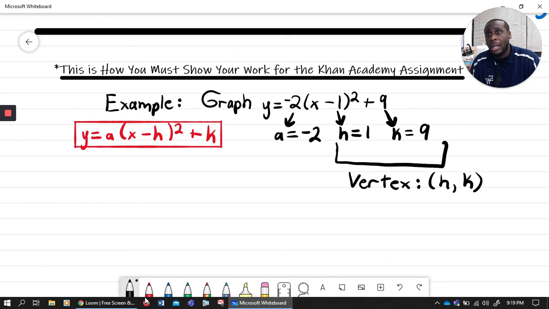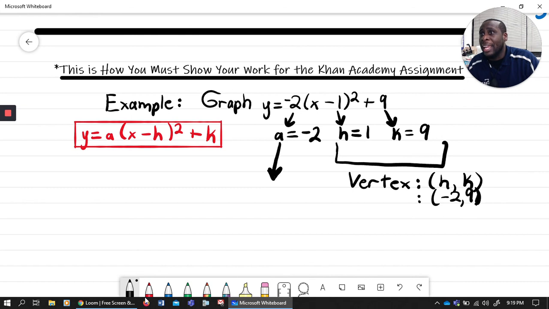I want you to write it just like that right there. And that means that your vertex is -2, 9. So your vertex is -2, 9. Again, that's how I want you to write that part, and you're showing your work.